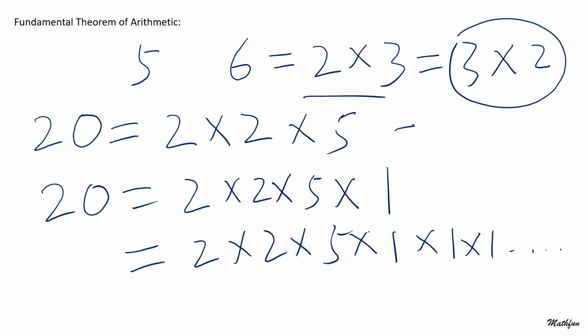Now, it doesn't mean that we have to abandon the theorem if we consider 1 a prime. We just need to say it in a different way. We have to say that a number bigger than 1 is either a prime itself or can be expressed as a product of multiple primes that are bigger than 1.